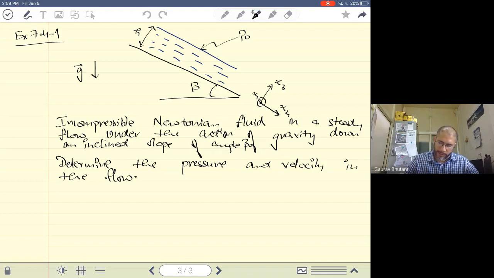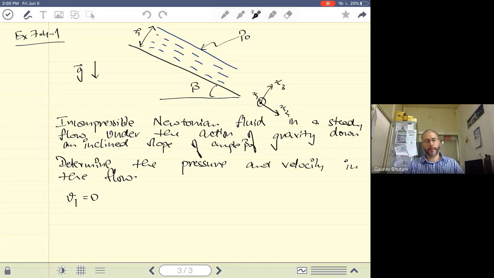Now, when we say that we need to find the velocity field, that means we have to find v1, v2, and v3, which are the three components of velocity in the coordinate directions that we have decided. Now, first, we will assume that v1 is 0. You can easily find that from the symmetry of the problem.